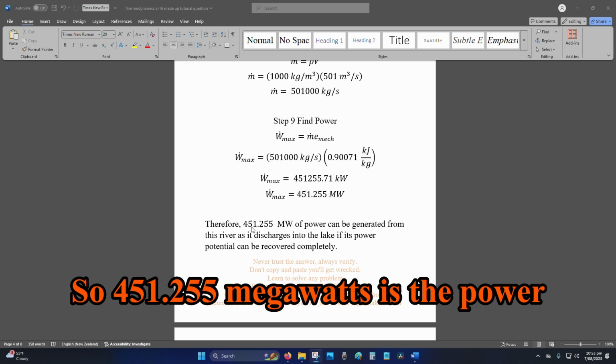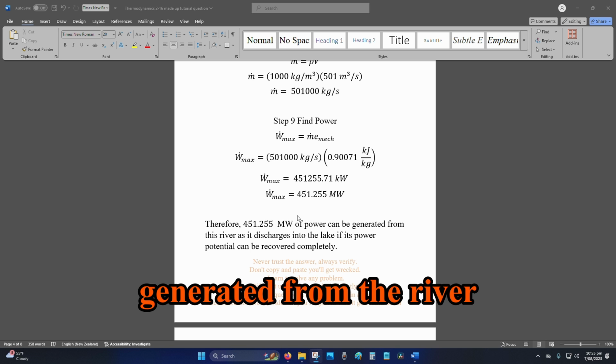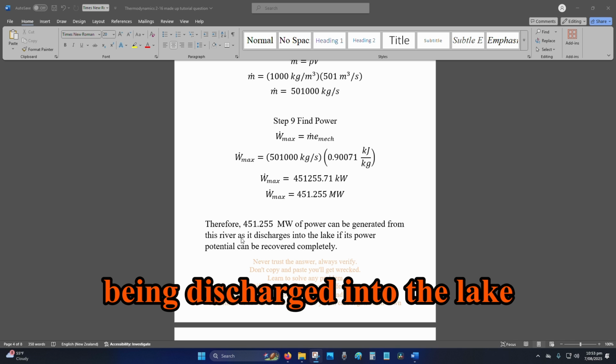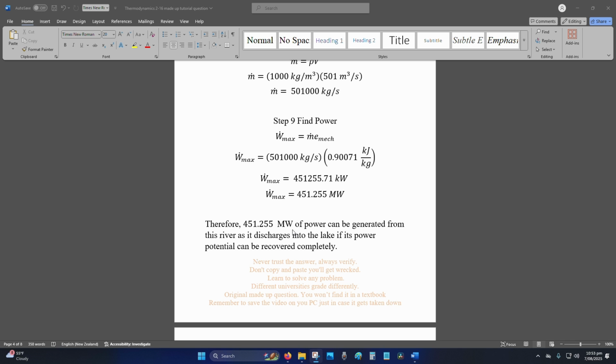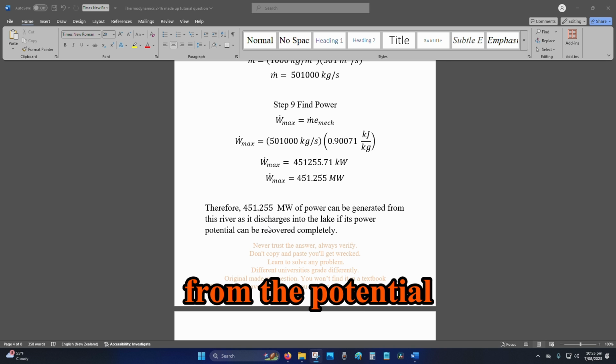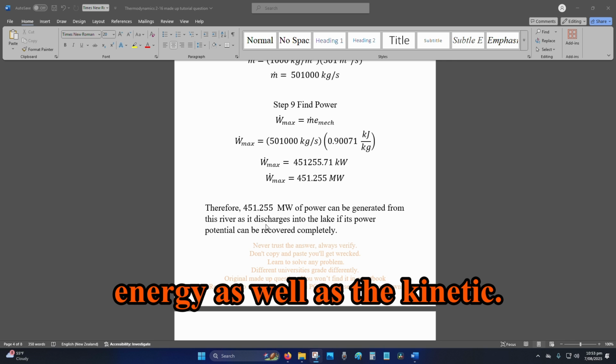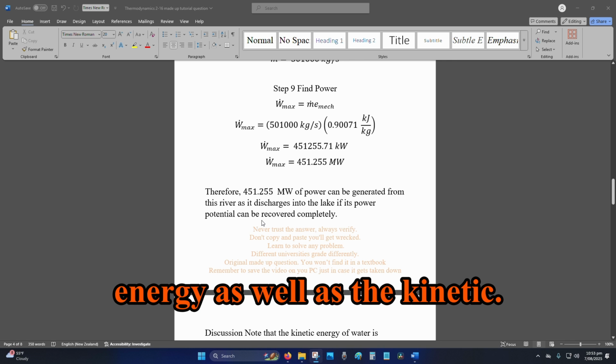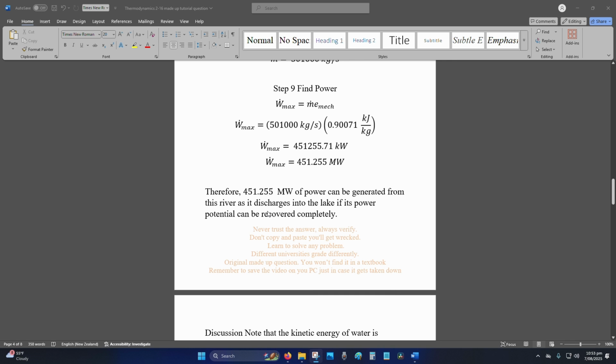So 451.255 megawatts is the power generated from the river being discharged into the lake, where the power is completely recovered from the potential energy as well as the kinetic.